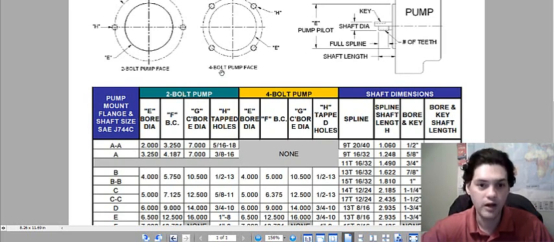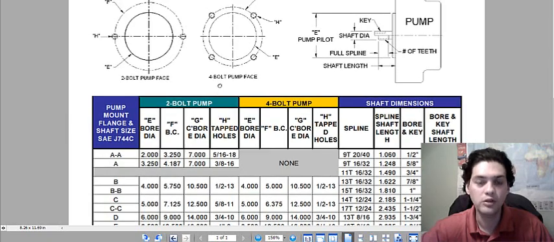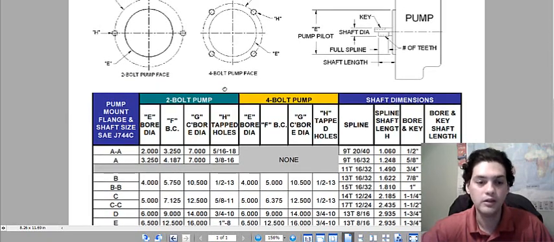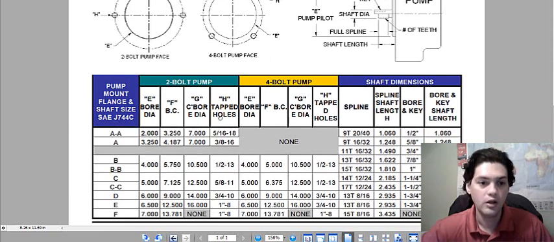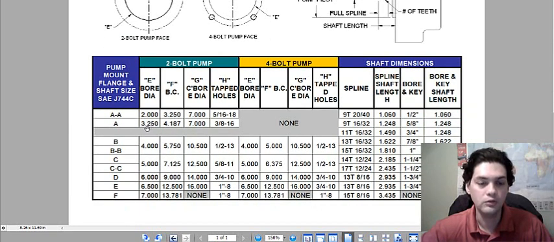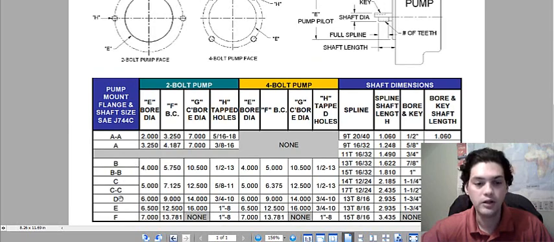To find out what type of mount you have, basically all you have to do is measure what is called a pilot. It's basically the circle on the face of the pump. What is the dimension? It's either going to be 2, 3, 3 1/4, 4, 5, or 6 inches, and those are pretty much the SAE mounts.